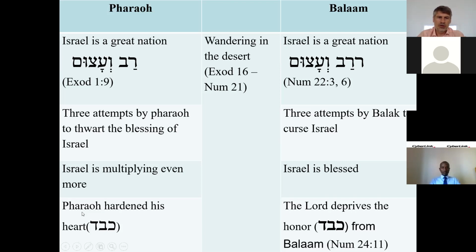What is interesting, Pharaoh hardens his heart later on, and the same expression is mentioned in the story of Balaam, when it is said that the Lord deprives the honor, and honor is kavod, or glory, from Balaam. And you remember that the word kavod has 2 meanings. It has a meaning connected to glory, and another meaning is to make heavy, to be heavy.